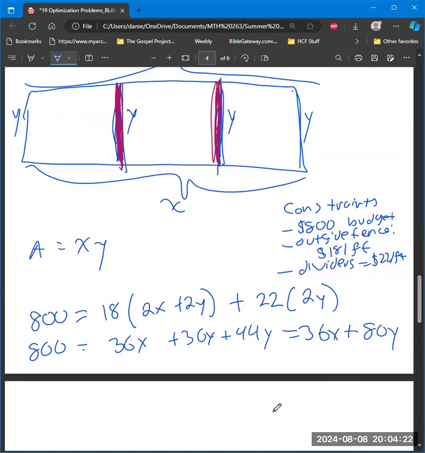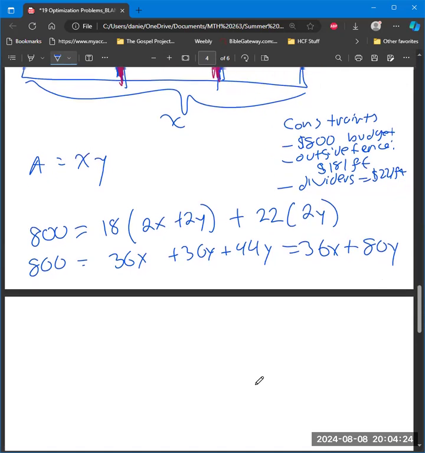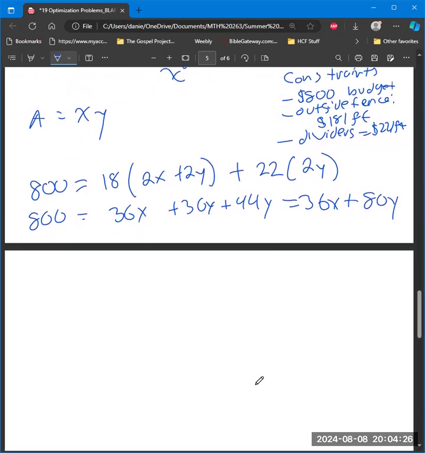All right. So now we can solve for x or y in this constraint equation. Take your pick. So solve the constraining equation for one of the variables.